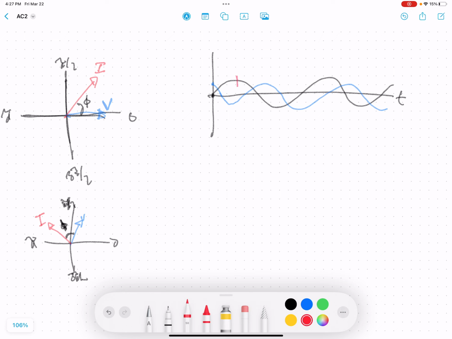But the point is that there's this shift between the current and the voltage, and you have to pretend that all of these little red distances are equal, right? And this is related to phi, the amount that these things are shifted off of each other in time, okay?